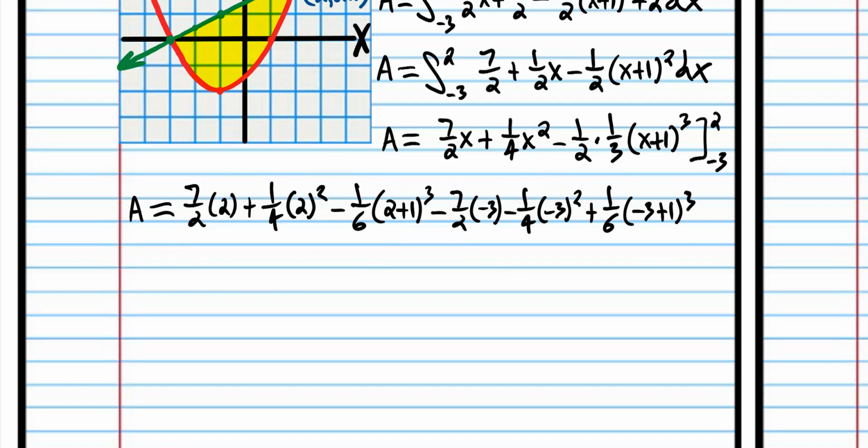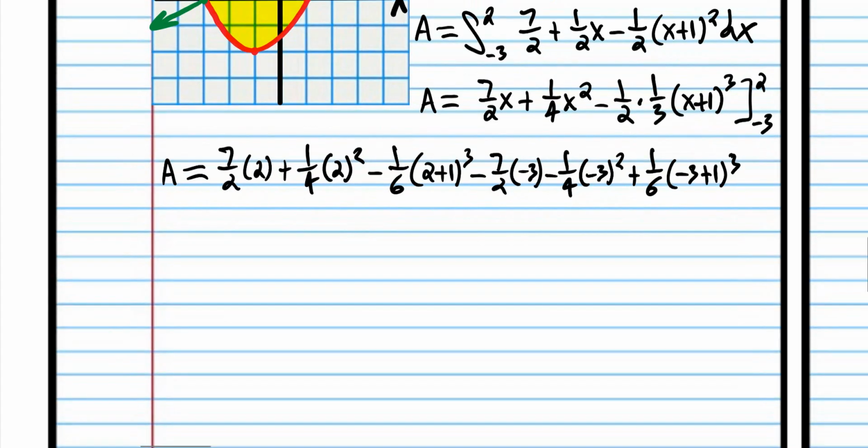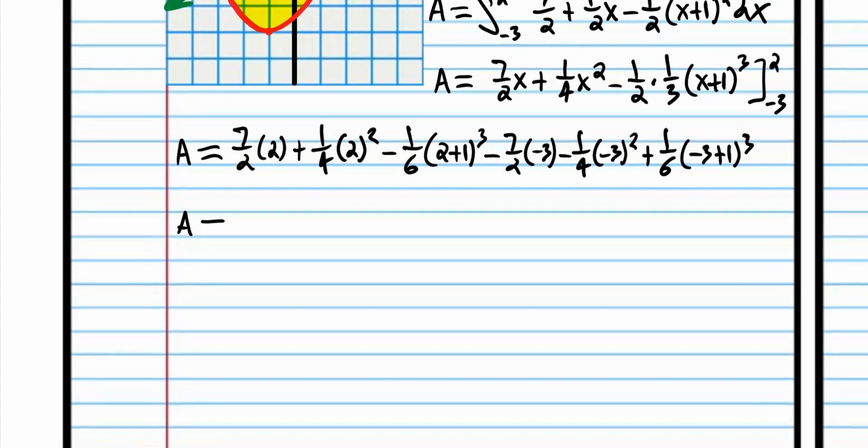So let's double check, make sure we did everything correctly, because it's very easy to make a mistake. And then you have to go back and do the whole thing over again. So you don't want to get in that situation. So everything looks correct that I can see.